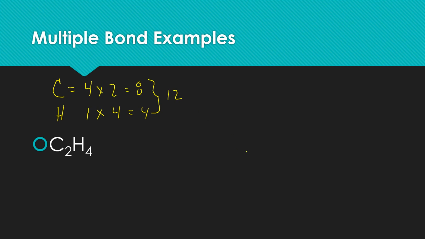So let's start by doing it similar to the C2H6 we had before. Carbon, carbon, hydrogen, hydrogen, hydrogen, hydrogen. Let's start filling in our dots. 1, 2, 3, 4, 5, 6, 7, 8, 9, 10. So I've used 10 of them. I have 2 left over.